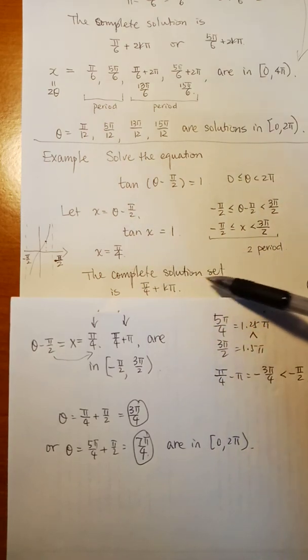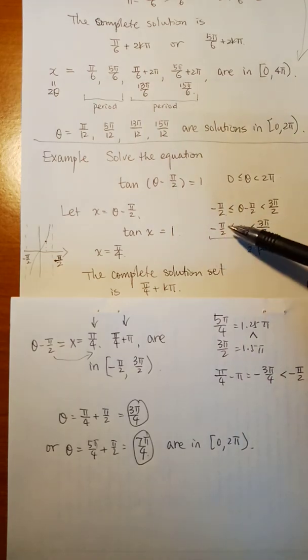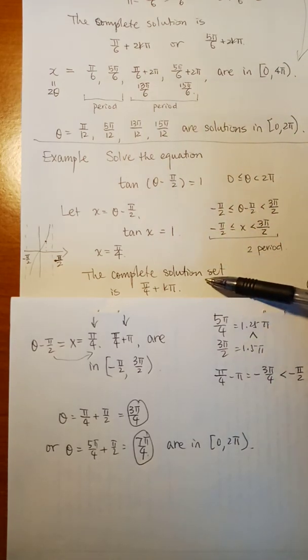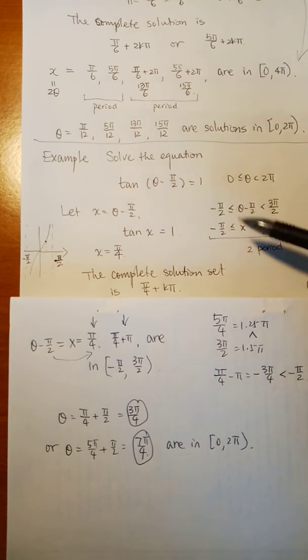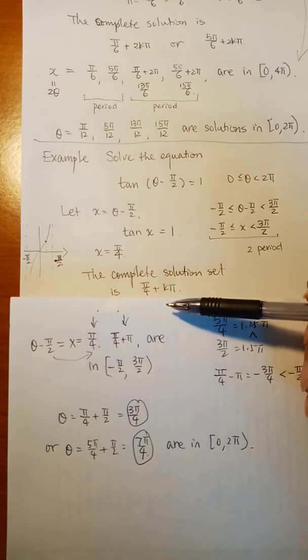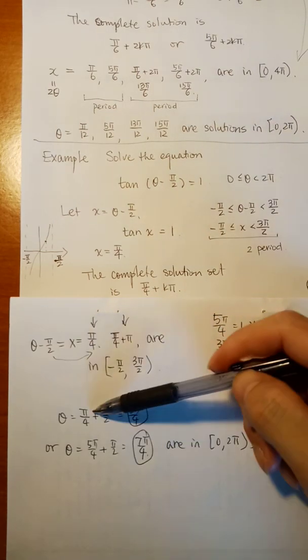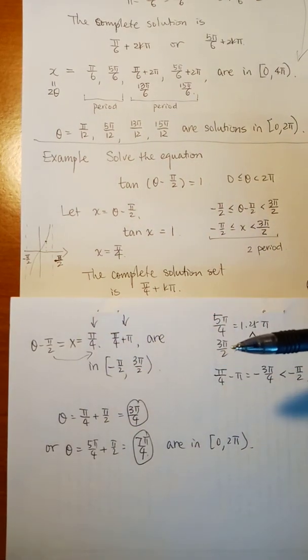And then we find the complete solution. If there's no additional requirement, the complete solution will be the final answer. If there is a special requirement, you're going to choose proper k so that you get all the solutions in the required domain. Okay, so that's almost a fixed step.